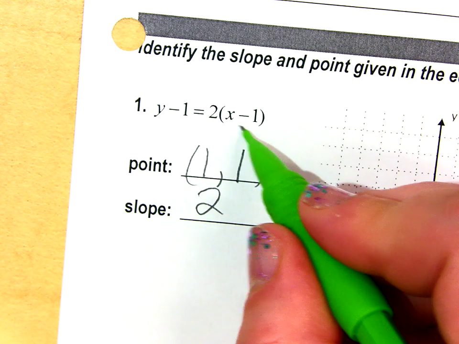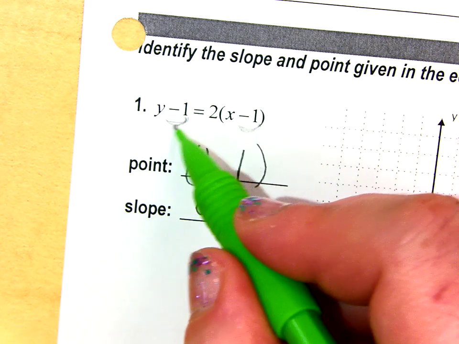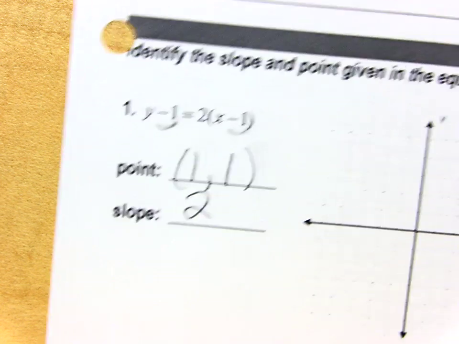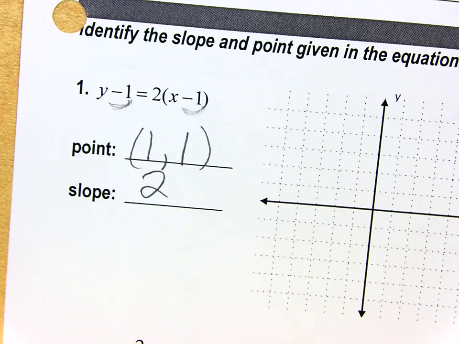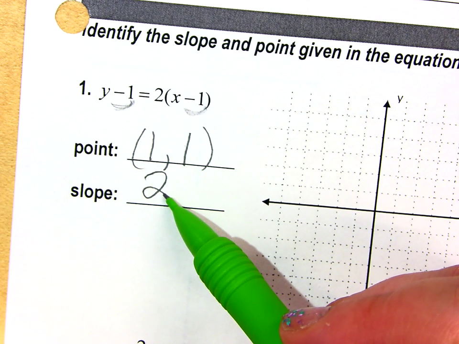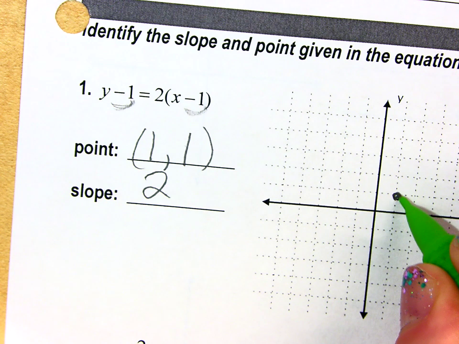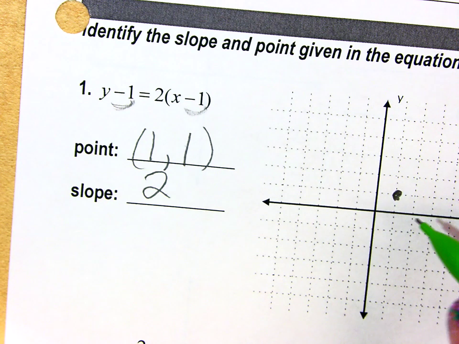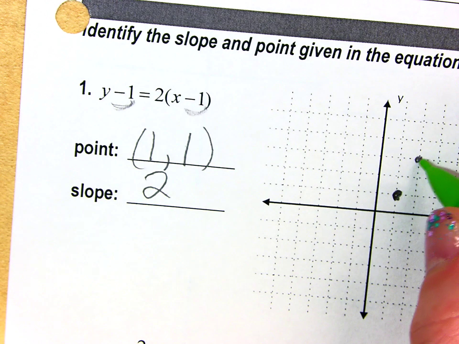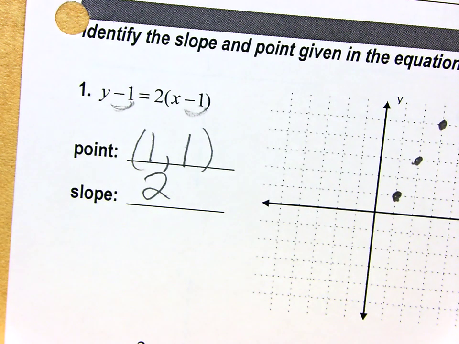Yes, it's really the opposite of what you see here, comma, the opposite of what you see here. So 1, 1. Now, how do we graph this? Well, I'm going to start at the point and then I'll just follow that slope. So let's go ahead and put a dot at 1, 1. So that would be right there, right? And then from that point, I just go up 2/1. And there's my graph.